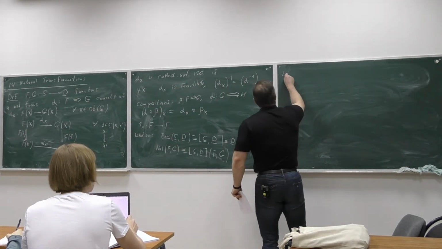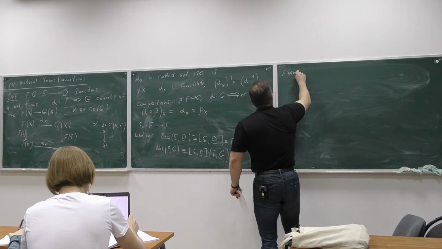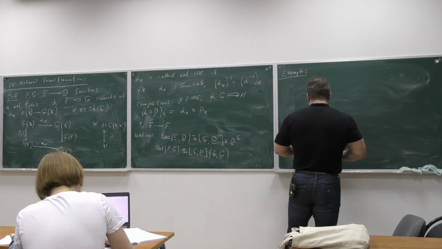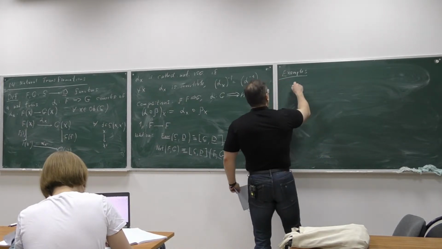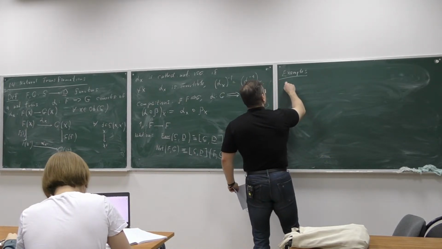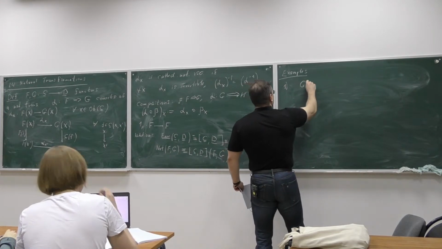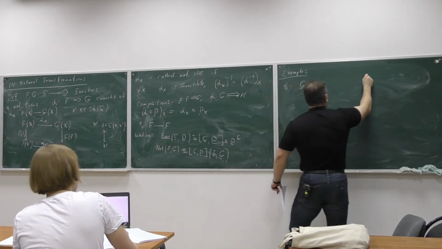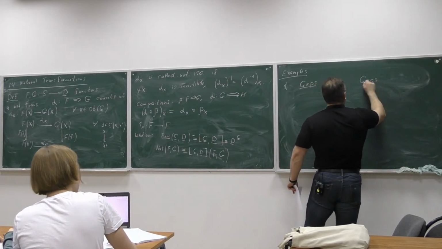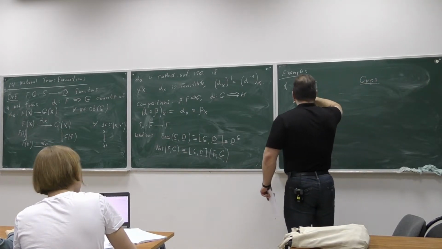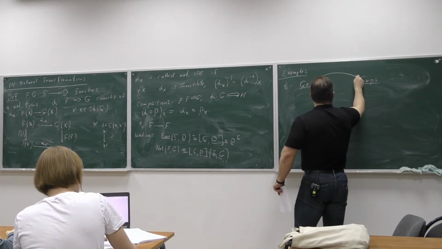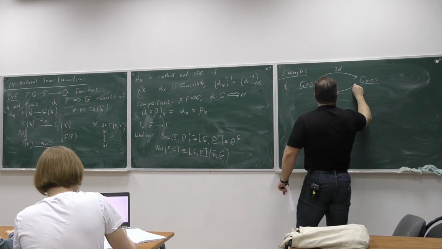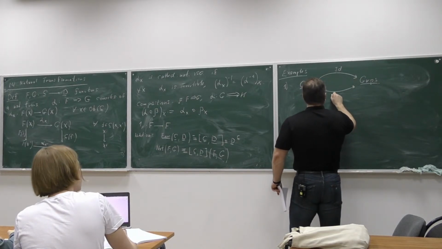Okay, so let's consider several examples of natural transformations. Well, in the first example, you know from algebra, you can take the category of groups, and again the category of groups, and take two functors. So take the identity functor and take the abelianization functor.